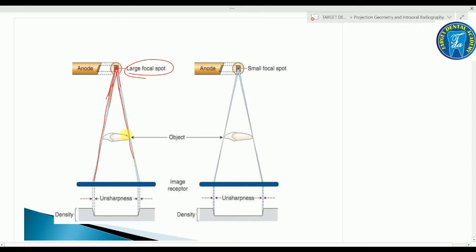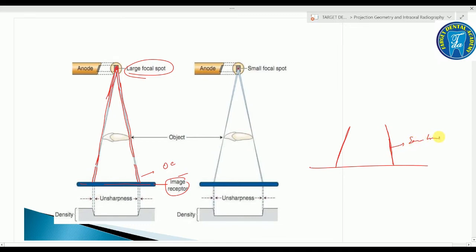They project onto the image receptor, and their projections occur at different locations, not at exactly the same position.